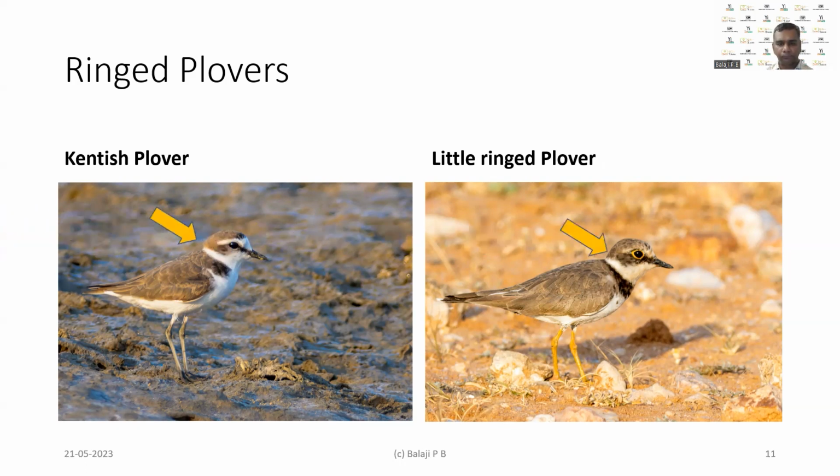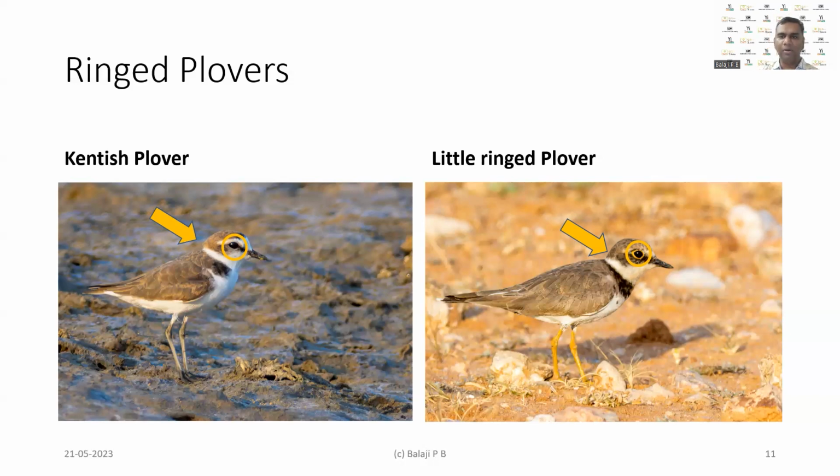In fact, both these birds have that unbroken neck band. But if you look at the eye ring, the little ringed plover has a very prominent yellow eye ring around its eyes, which is absent in the Kentish plover.